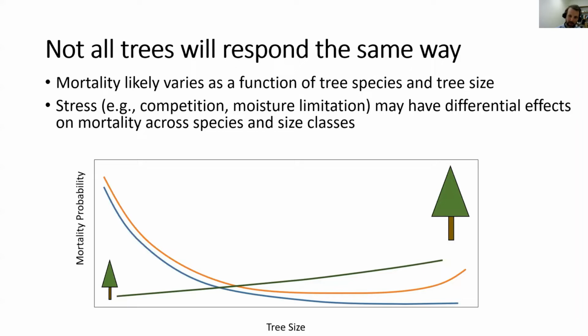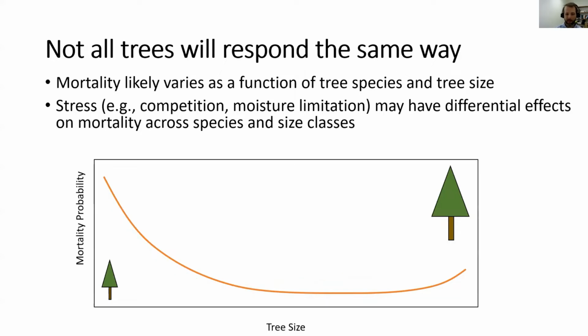But when it comes to thinking about how stressors, things like competition or moisture limitation, might impact trees, we can also think that this would vary among not just tree species, but tree sizes, right? We could have situations where stress increases mortality in small trees, and so think about, of course, competition for light in young trees.